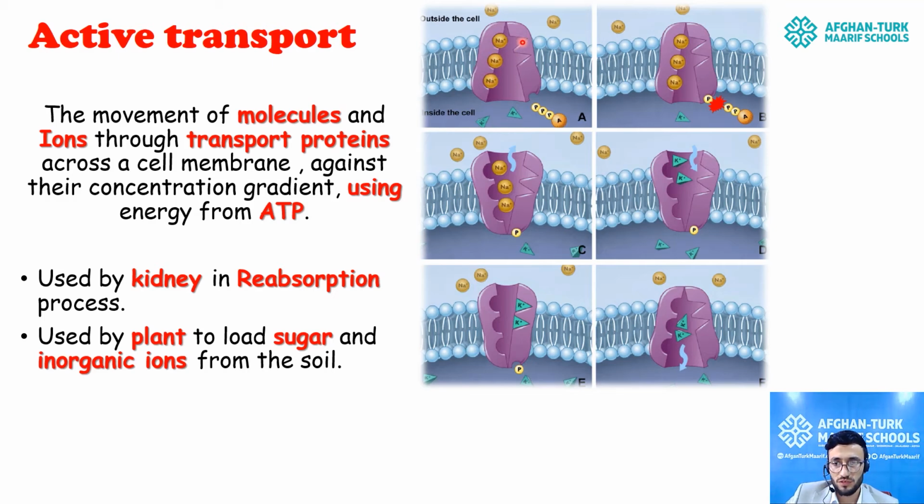Also, this specific shape is for potassium ions, which is necessary for metabolic activities of the cell. This place is called the receptor, where the adenosine triphosphate attaches and provides the energy that causes the protein to change its shape to exchange the sodium ions with the potassium ions.